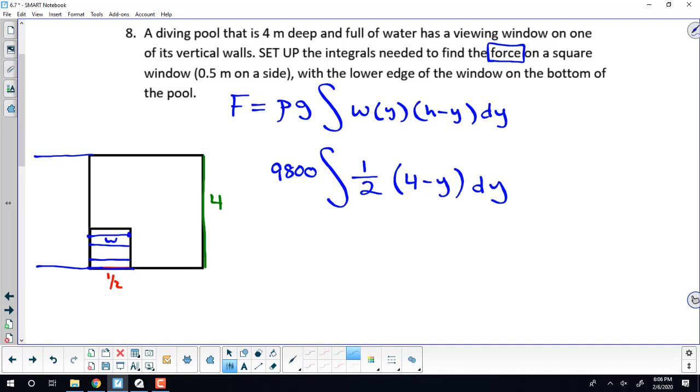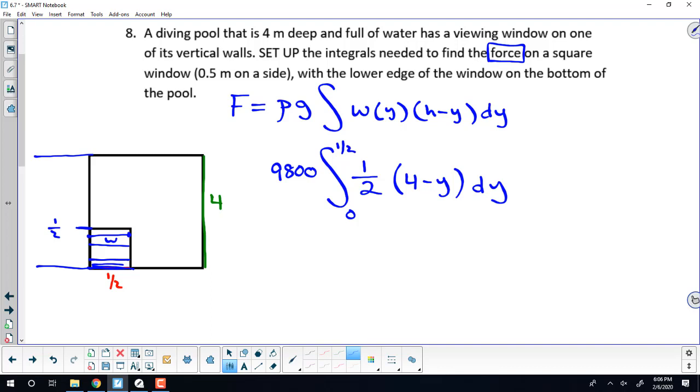Okay, so we're filling this region up. So we do want to stop our bounds there at 1/2. Does that make sense? Okay. So 0 is the lower bound, 1/2 the upper bound. All right, so that's the setup for that one. Anyone have any questions?